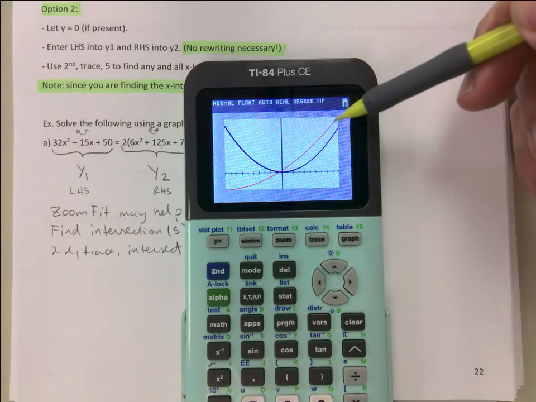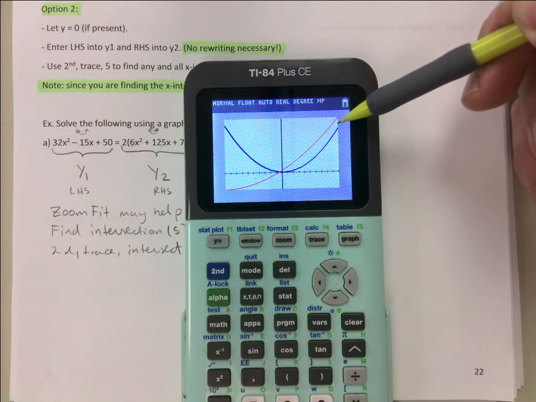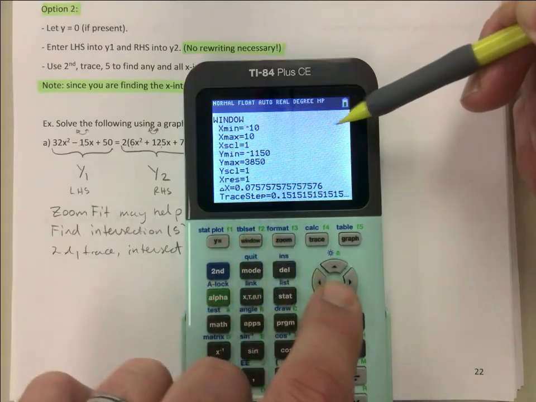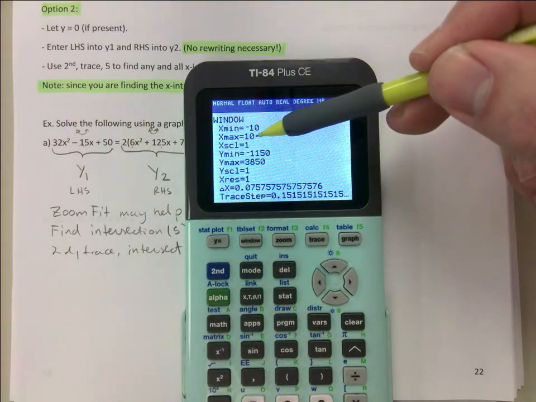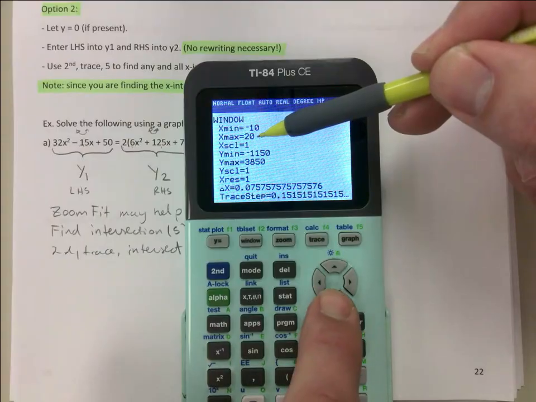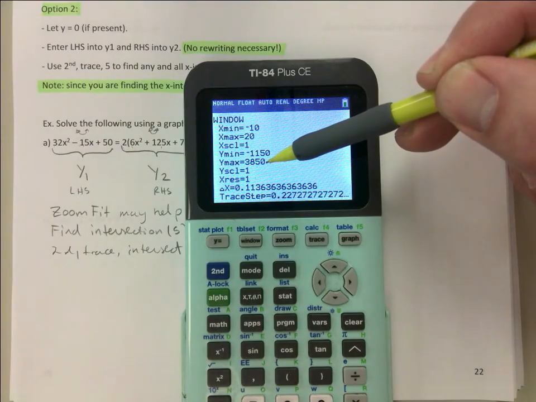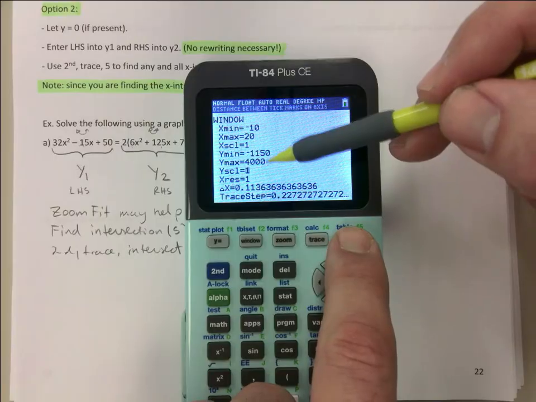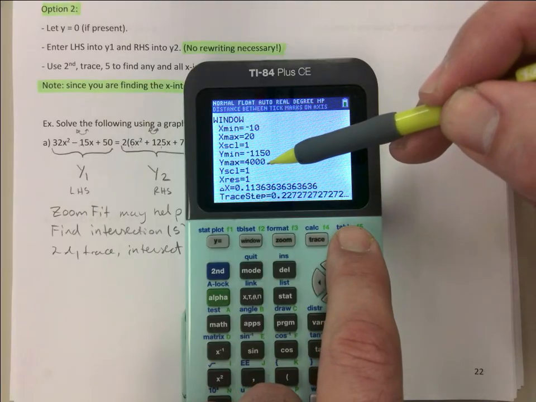We need to find the other one, which is over here. Let's chase the curves, okay? So we got to increase what? X max for sure. I'm going to double that. And we also have to increase Y max. So I'm going to go 4,000 for the Y max. So X max 20, Y max 4,000.